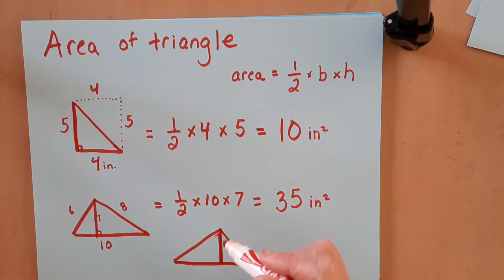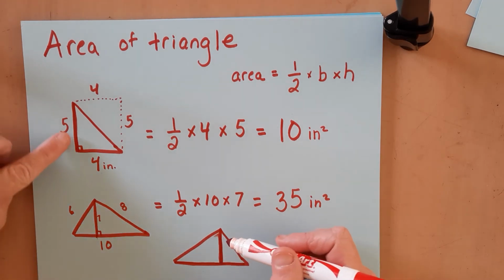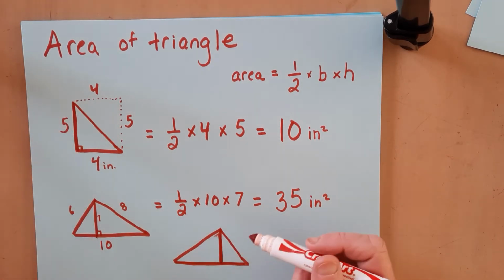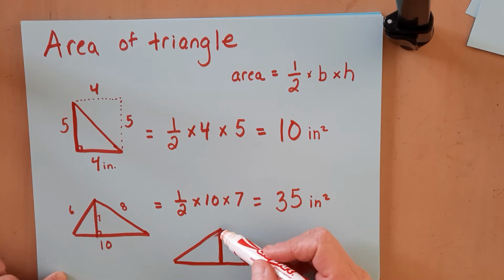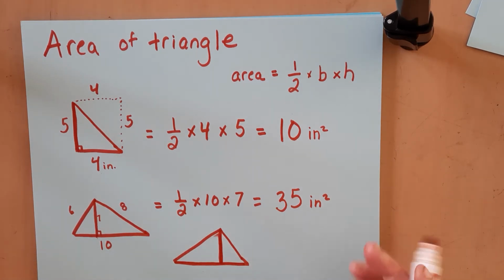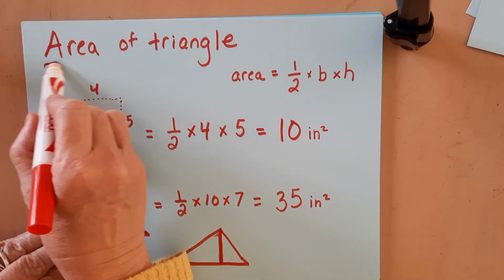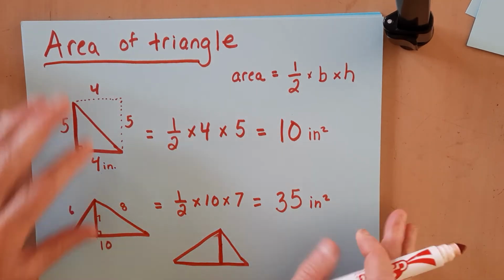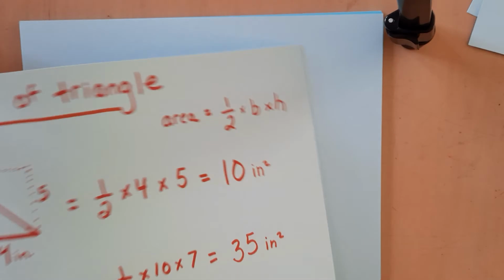So be careful when you're choosing the height. The height sometimes can be the side of a triangle, but sometimes it's not. It's not the side of a triangle when the perpendicular line is not the side of a triangle. So that's what I want you to be very careful about when you're finding the area of a triangle, is choose the right height.